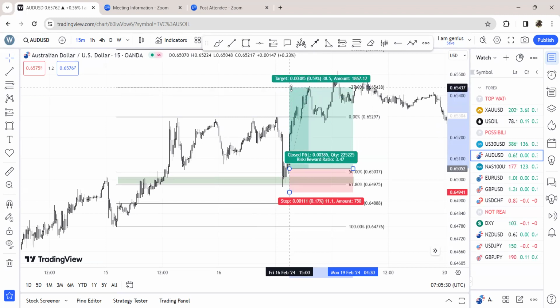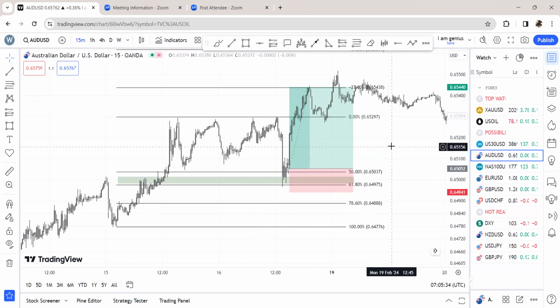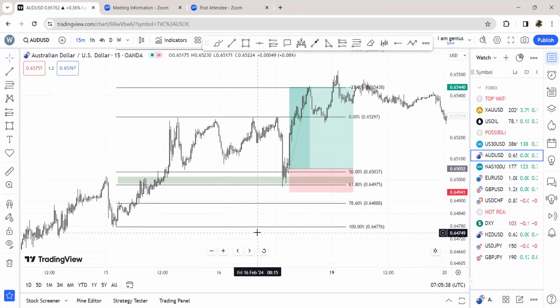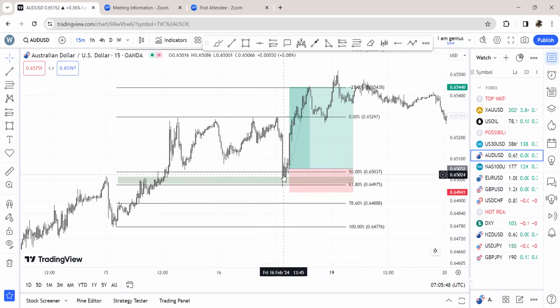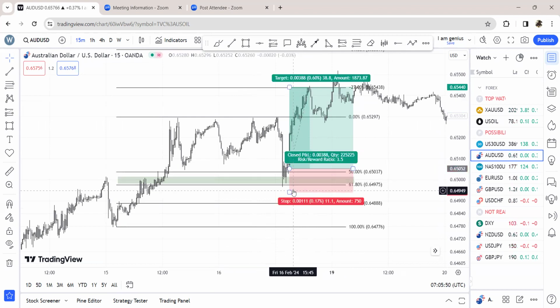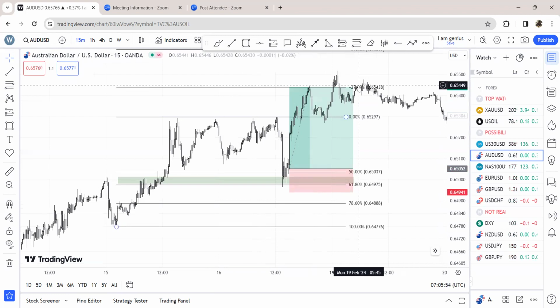And my TP1 is there. So this would have been my thought process here. I put my take profit right below this golden ratio. Sorry, my stop loss. Then my take profit is on the second extension level. But I'll close some partial profit the moment the market reaches this.